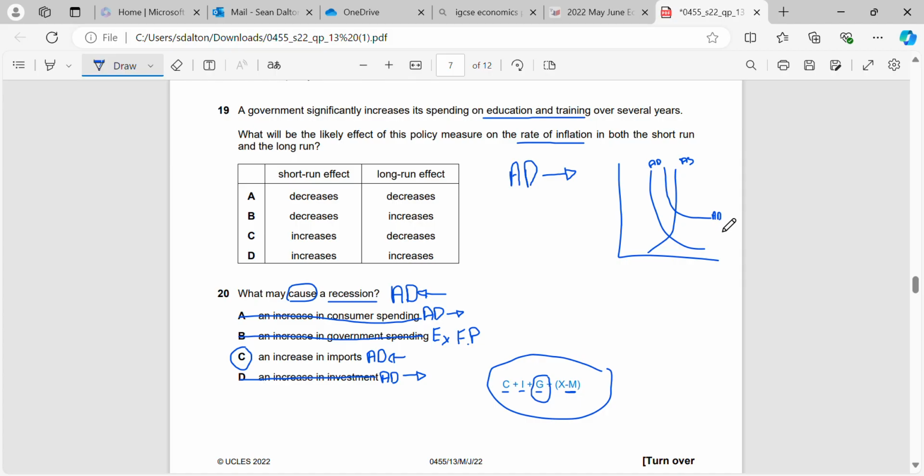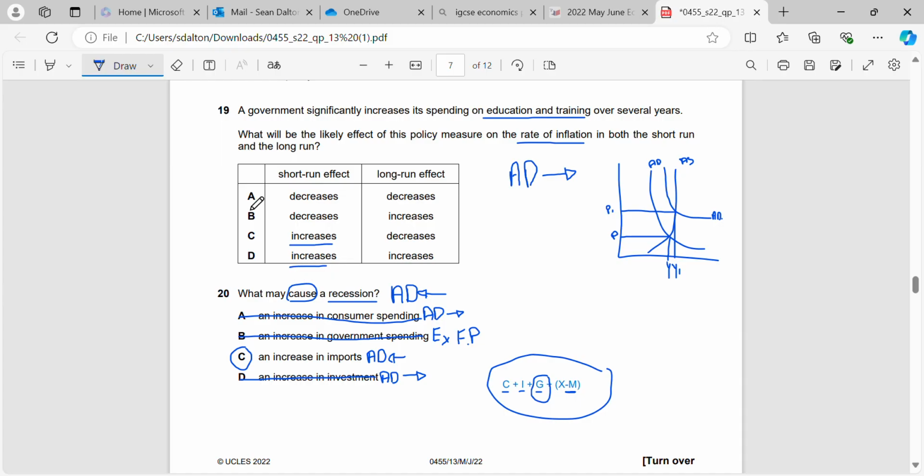So what we can see here is that when AD increases, we have a starting price level here, and then we have a new price level which is higher, showing us our inflation. So we know that the short run effect would be an increase.